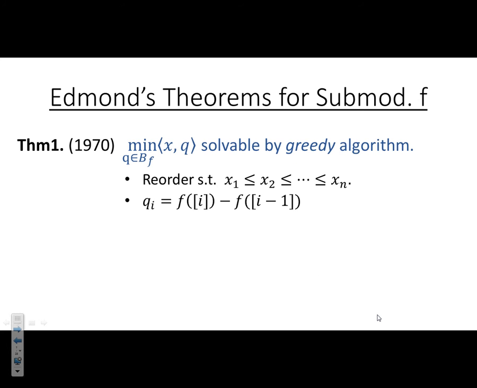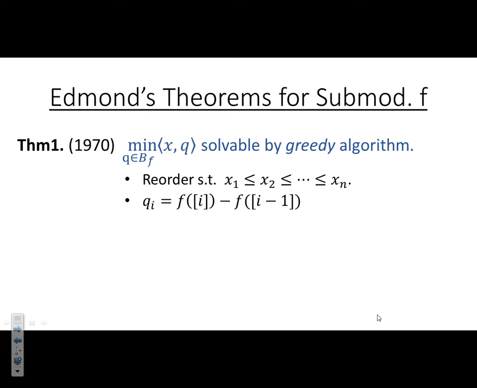There are a couple of theorems that I think you should know. One, both by Edmonds: doing linear optimization over this polytope is really fast. You can solve it by the greedy algorithm, which most of you probably know.